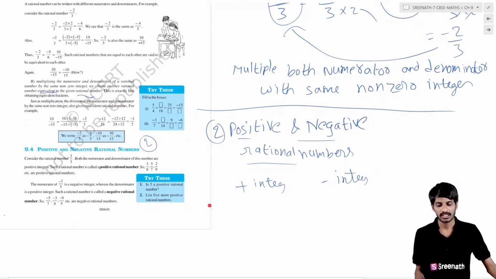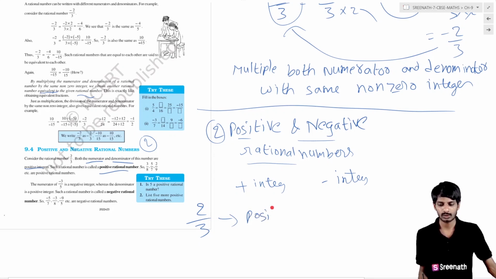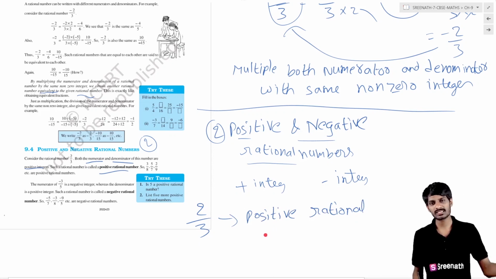Suppose both the numerator and denominator of the number are positive integers, then it is a positive rational number. Suppose 2 by 3. So this is a positive rational number.